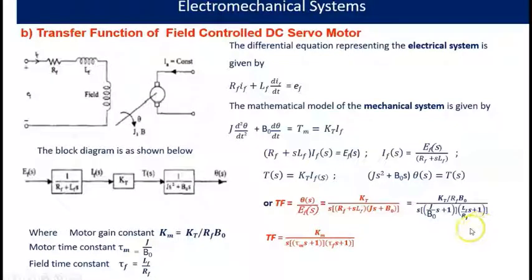This is also equal to Km divided by S into (tau m S plus 1) into (tau F S plus 1), where Km is equal to KT divided by RF B0, tau m is equal to J by B0, and tau F is equal to LF by RF. So this is the transfer function of a field controlled DC servo motor.